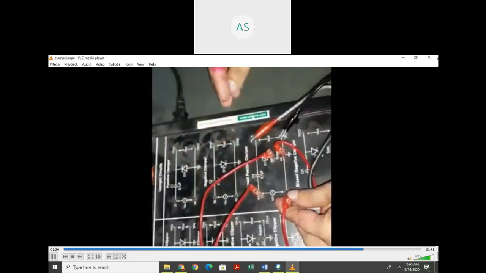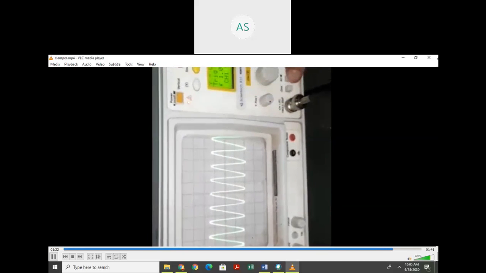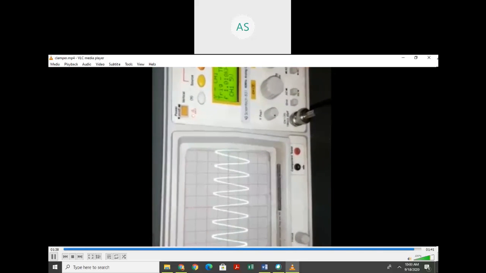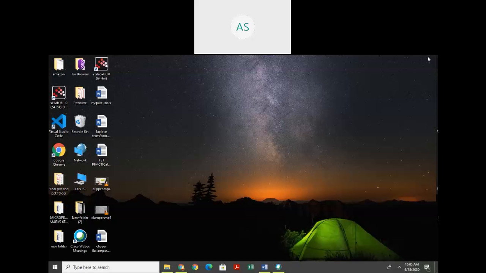Good morning, students. Today we will perform experiments of clamper circuit. This is clamper circuit, and clamper circuit is used for inserting DC level to the AC. And according to this circuit connections, we connect TP1 to 37, TP2 to 38, and output is connected to the CRO.